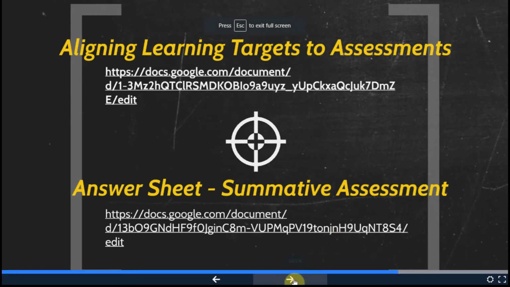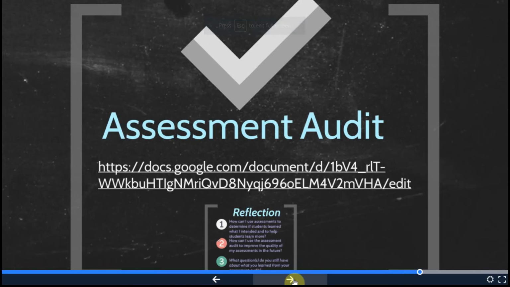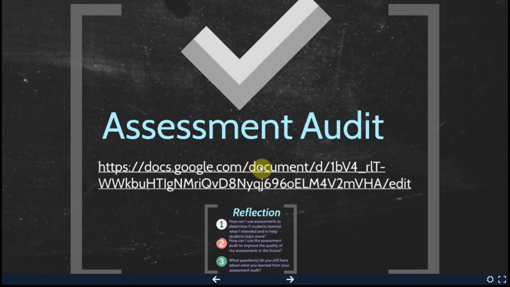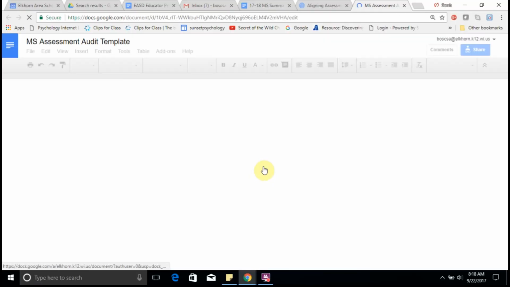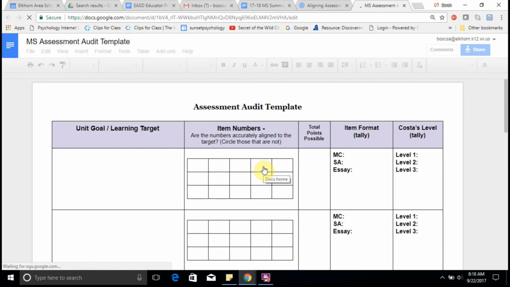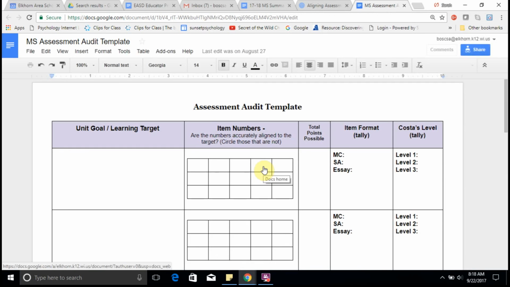And then the last thing that we did as a group was an assessment audit. This audit also gets at creating high quality assessments. With this template, you fill in your learning targets on this side, and then you look at your assessment and determine which item numbers align to that particular target.